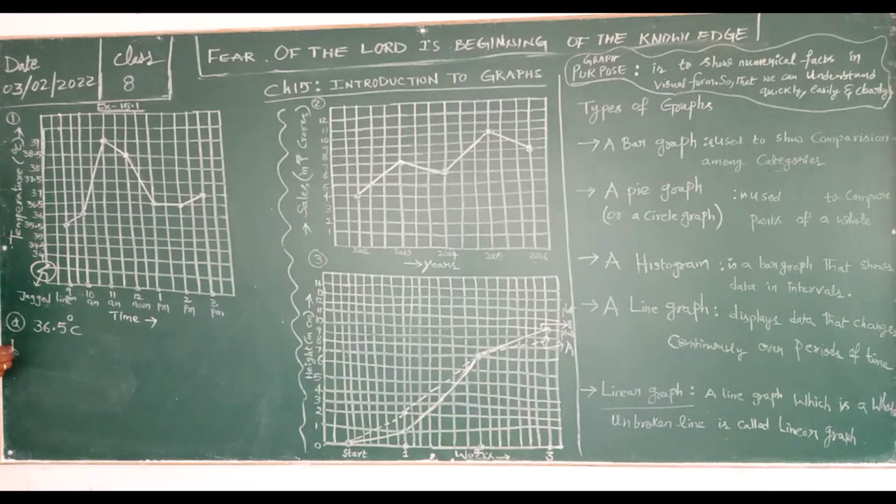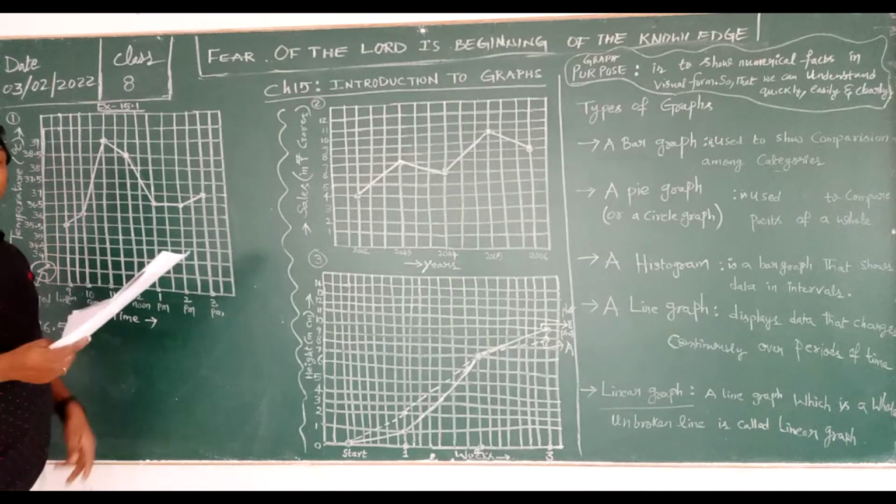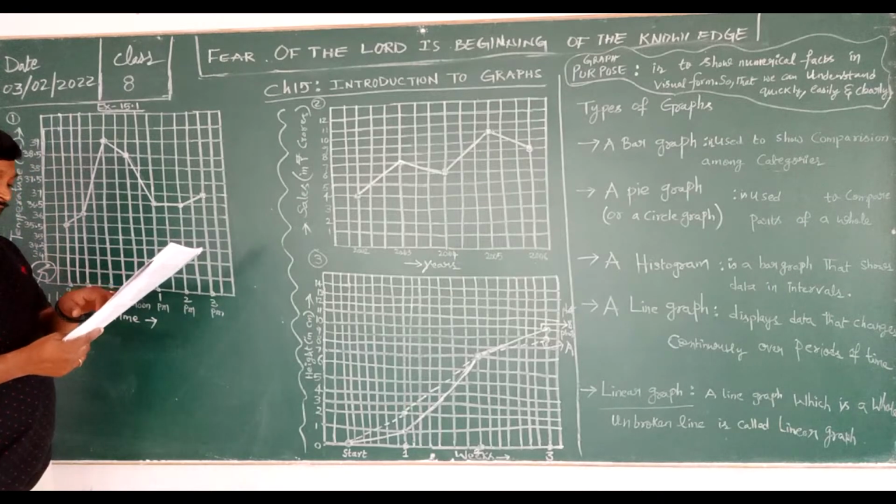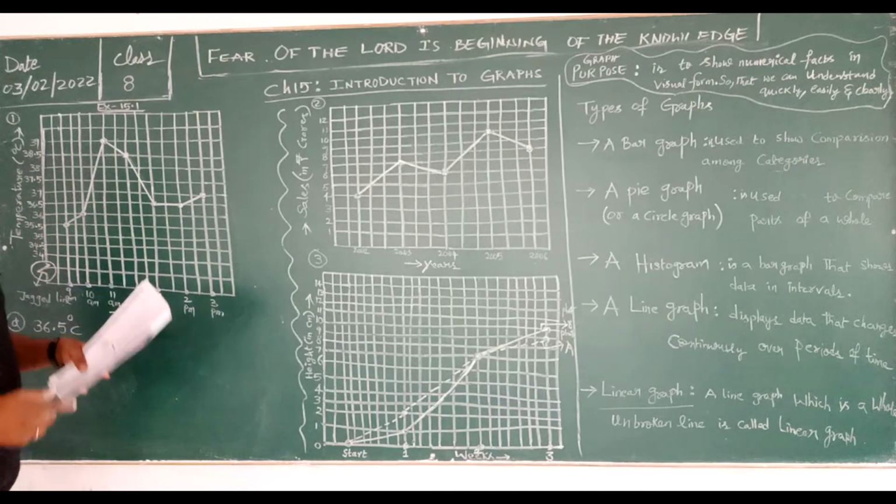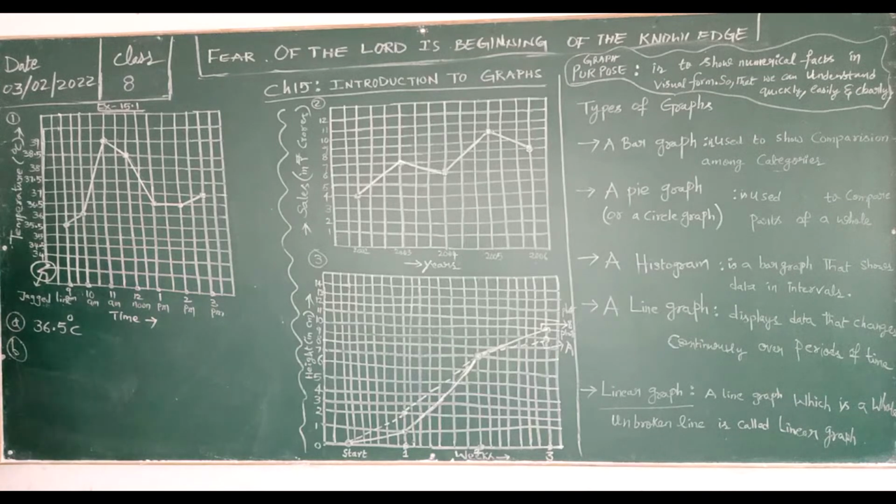Next, B: when was the patient's temperature 38.5 degrees Celsius? Can anyone tell? 38.5 degrees. Let's see if any dot is on this line. Yes, here.